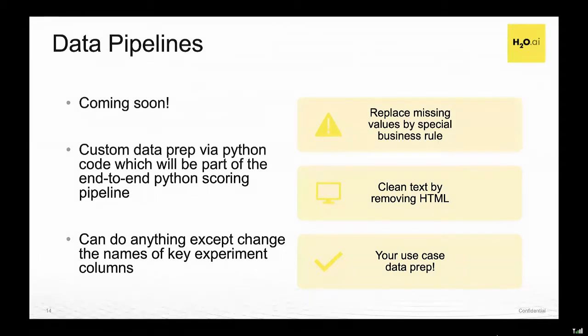Another idea would be custom text cleaning for your use case. So if you knew you had a lot of HTML or hyperlinks that you didn't want to be used in the NLP feature engineering, then you could use a pipeline recipe to clean that text ahead of time. And then whatever special data prep you have for your use case.